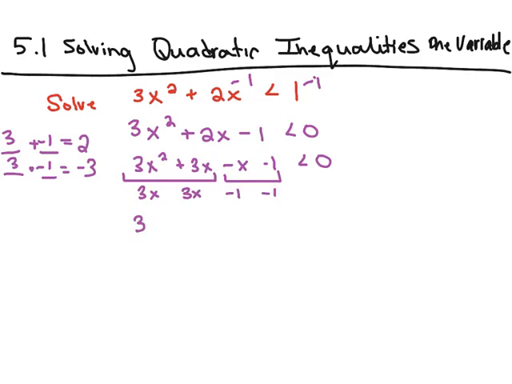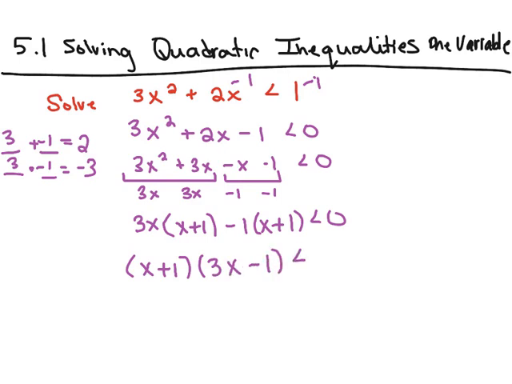So we have 3x(x plus 1) minus 1(x plus 1). So our factored binomials are x plus 1 and 3x minus 1. That means our critical values will be when x plus 1 equals 0 and when 3x minus 1 equals 0. So x equals -1 or x equals 1/3. So these are our critical values.